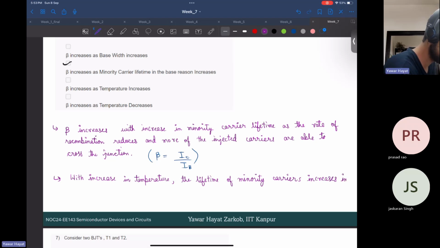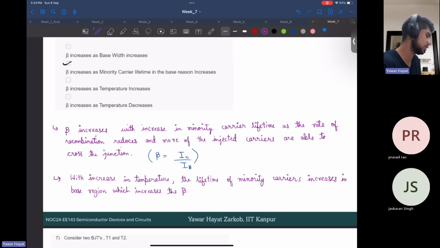In the base region, which increases the beta. But due to the rise in temperature, the transit time tau increases, which reduces the beta. So net effect is that beta increases with temperature, right?